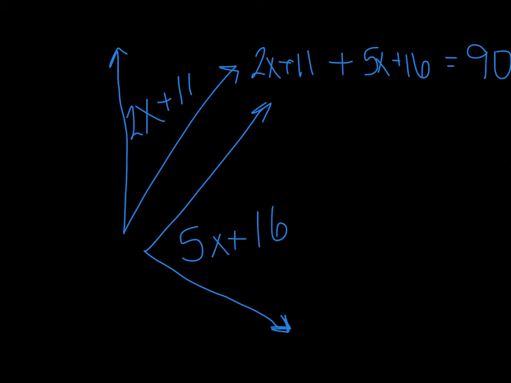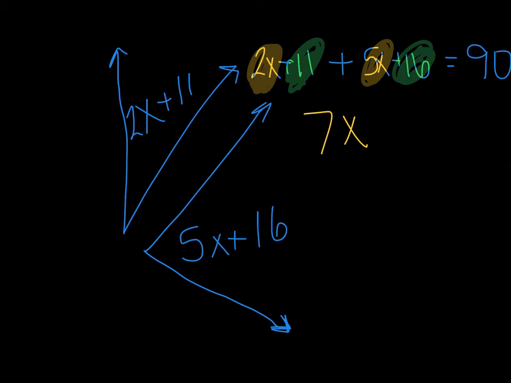So now let's go ahead and do our algebra skills. So we have the 2x here and 5x here. So we should know that that gets us 7x. And then we have numbers. So that's going to be 11 and 16 are on the same side, which is going to get us the 27. So plus 27. And we know that that still equals 90 degrees.